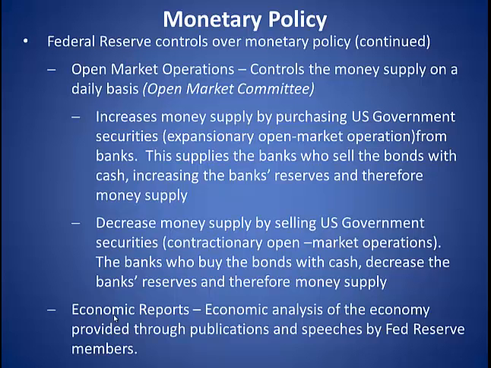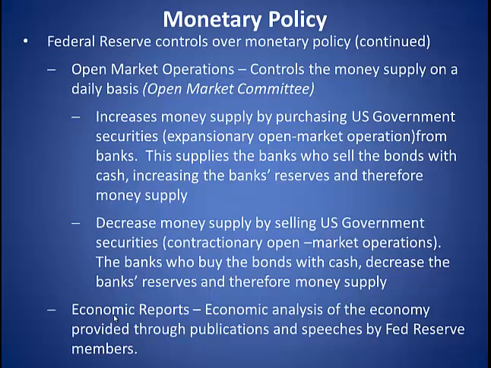Basically, without getting into too much detail here, and I think if you listen to the Sal Khan video it could be a little bit clearer, but you'll need to take a little of this on faith. In open market operations, money supply is increased by the Federal Reserve purchasing U.S. government securities.